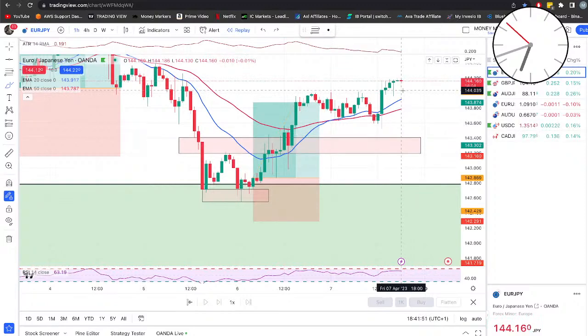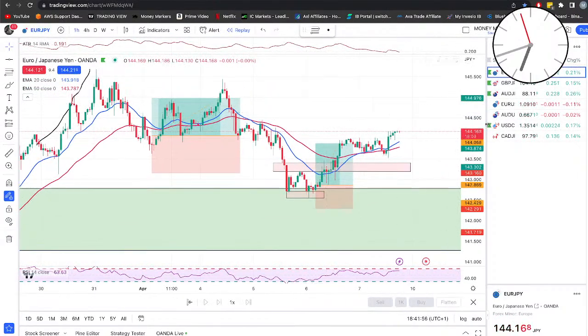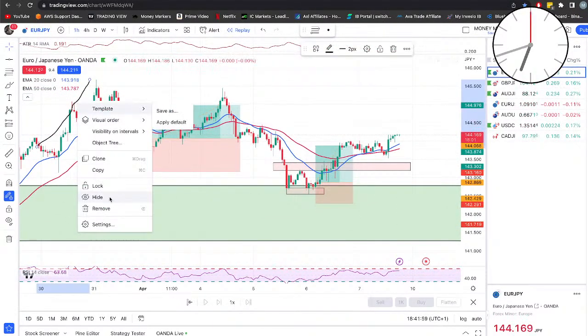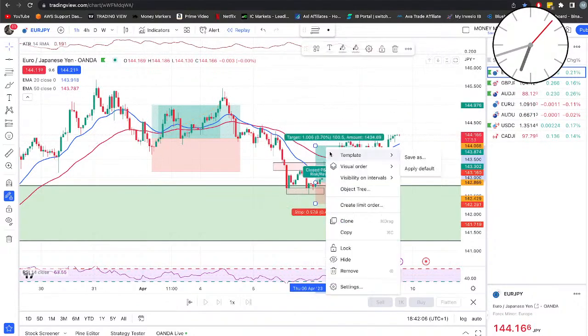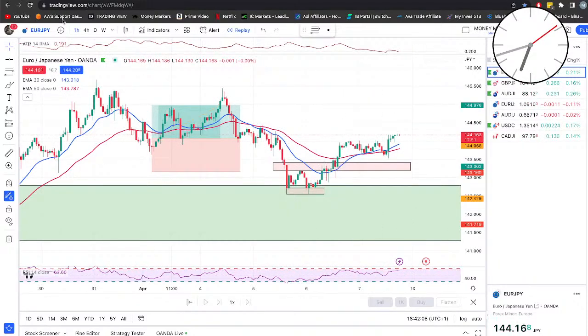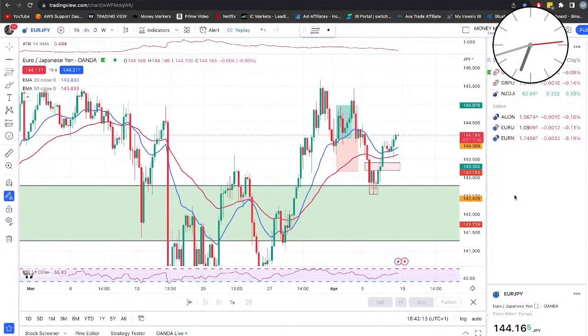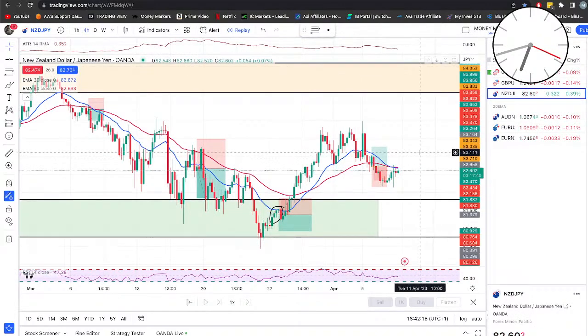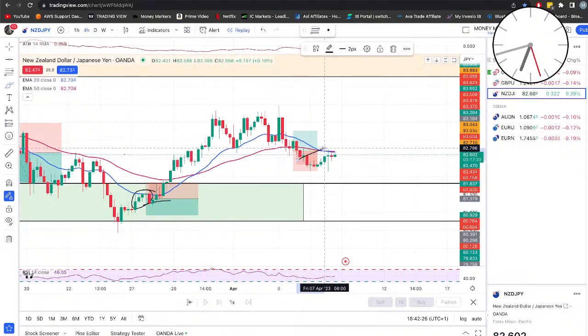A good trade that was missed, but I've sent these zones to the members. They should have marked these zones on the charts already. Right here, that was a losing trade I had this week. Actually, this losing trade and then this losing trade.